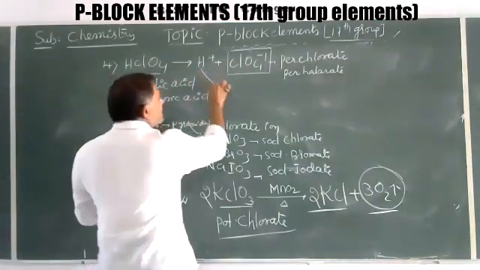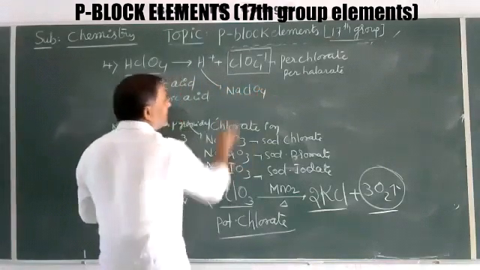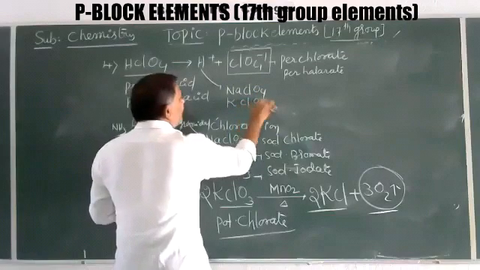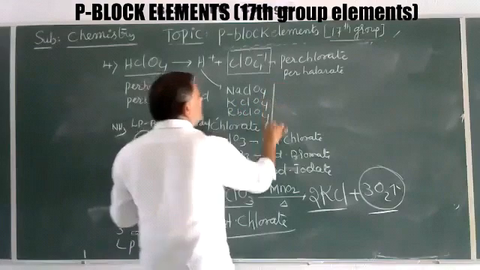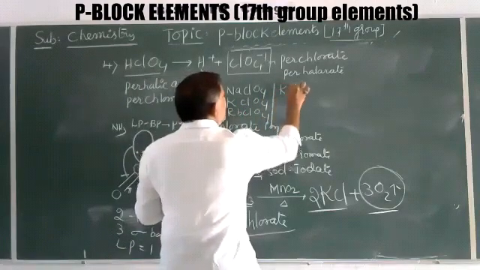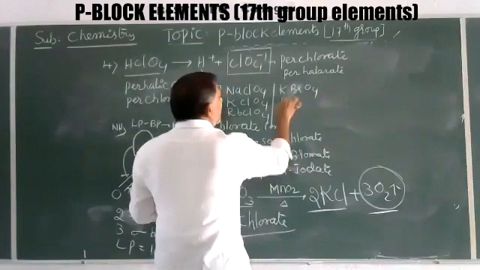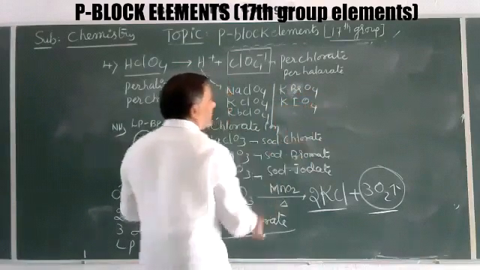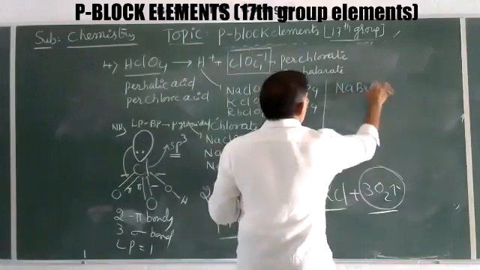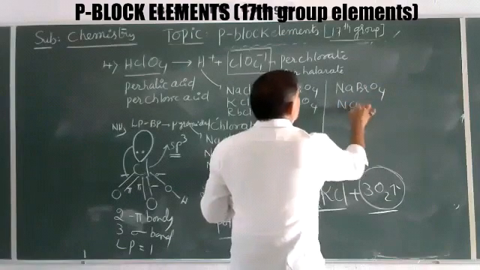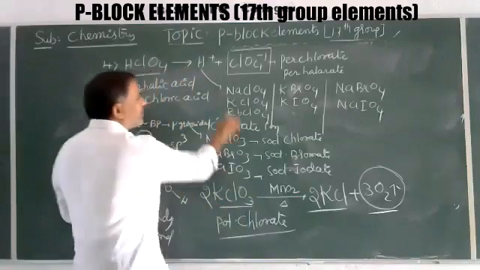Instead of this hydrogen ion, we can take NaClO4, KClO4, RbClO4, or KBrO4, KIO4, or sodium combinations like NaBrO4, NaIO4. What is the name of this?